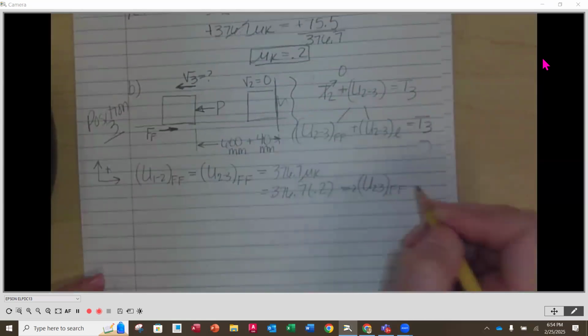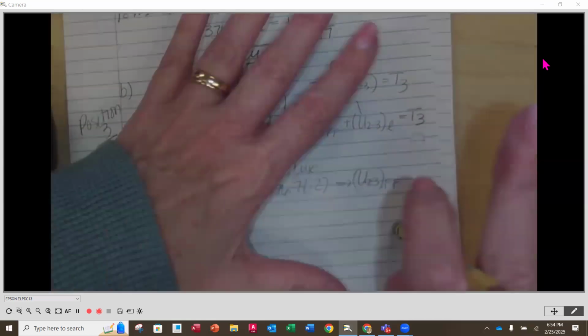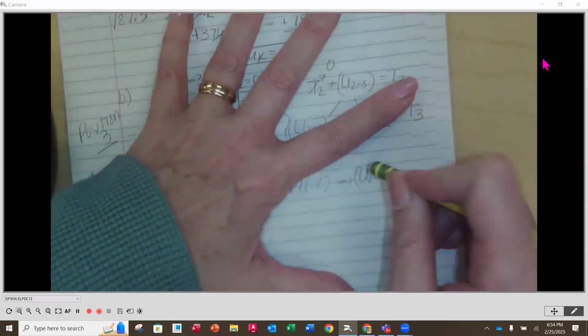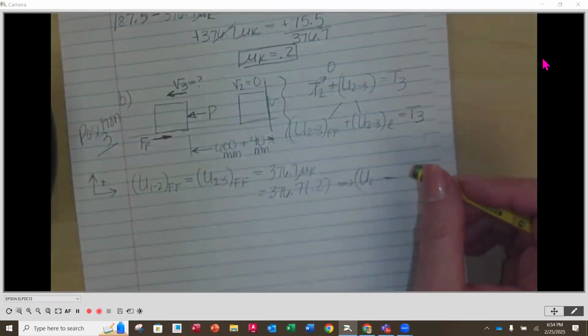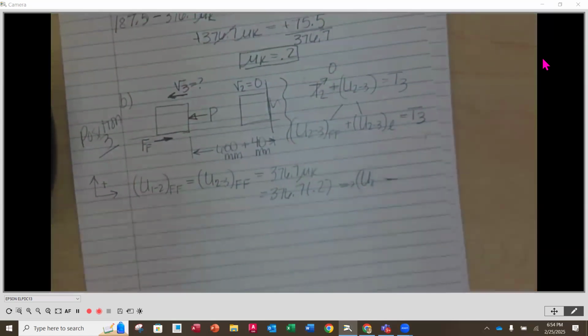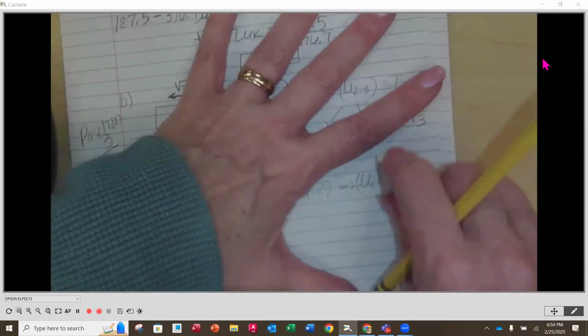So that means our U 2 to 3 friction force, wait, I didn't do that right. Oh no, that's correct. I'm sorry.